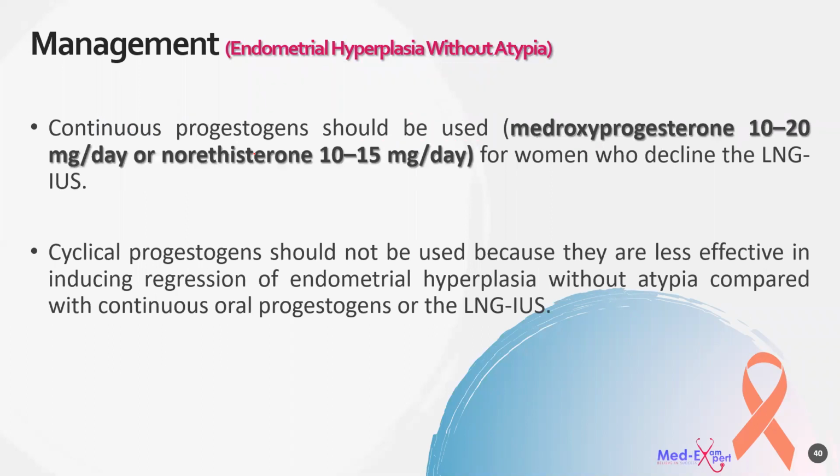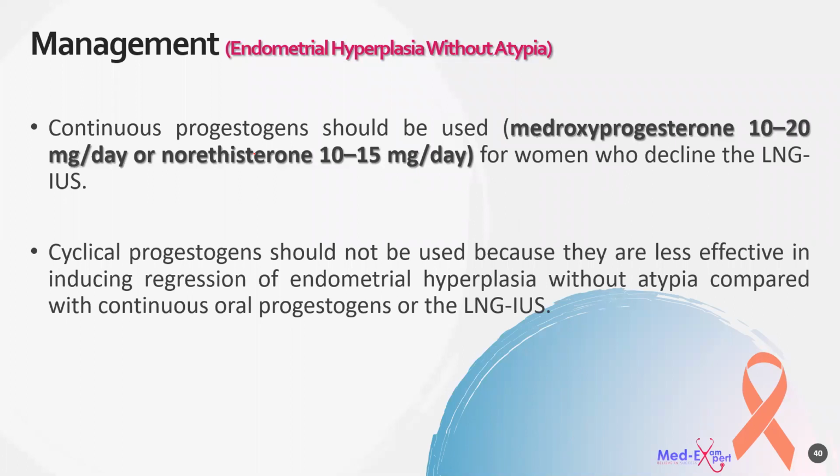If the patient will take continuous progestogen therapy, the dose will be medroxyprogesterone 10 to 20 milligrams per day, or norethisterone 10 to 15 milligrams per day for women who decline the intrauterine system. Cyclical progestogens should not be used because they are less effective in inducing regression of endometrial hyperplasia without atypia compared with continuous oral progestogens.